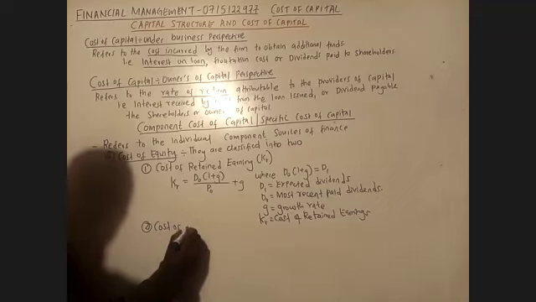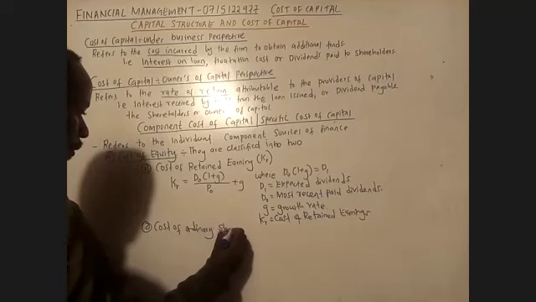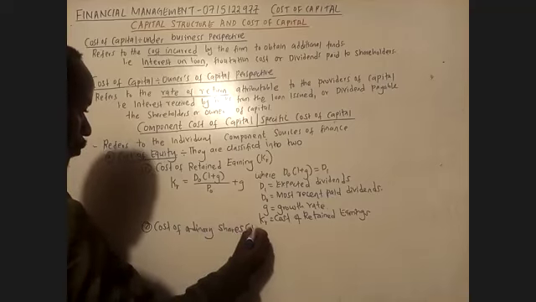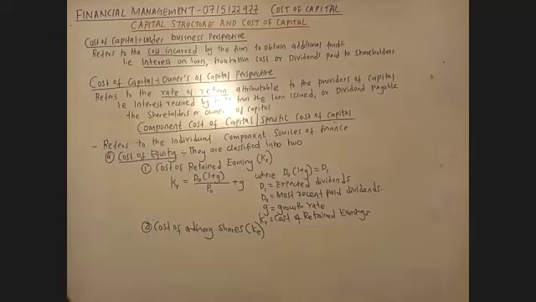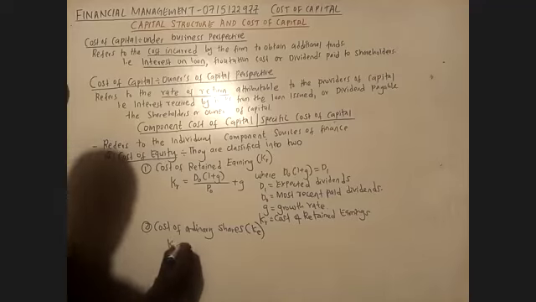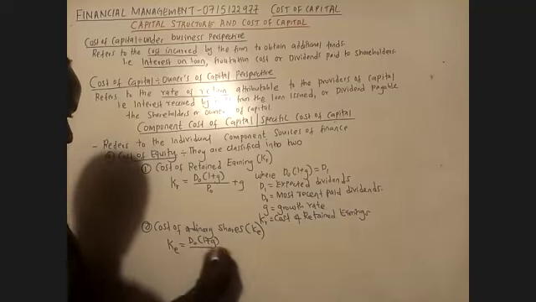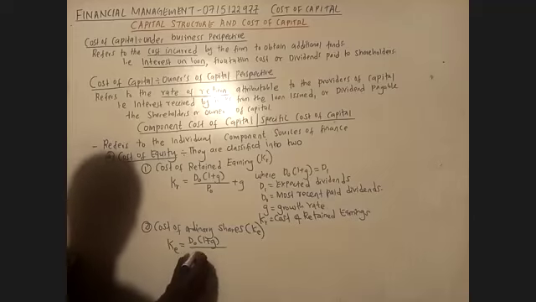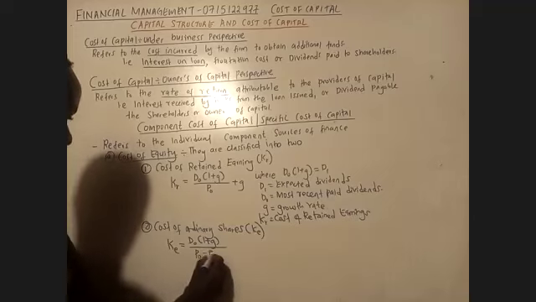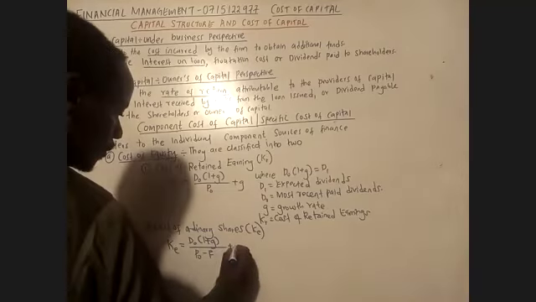Cost of ordinary shares, which is given by KE, and KE is equal to D0(1+g) over P0 minus F, plus g.